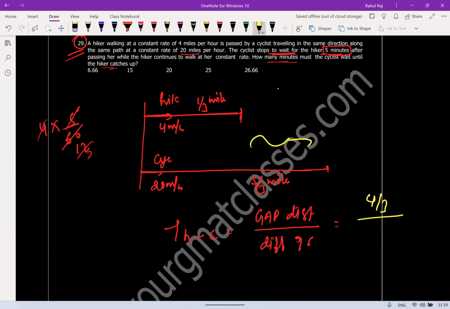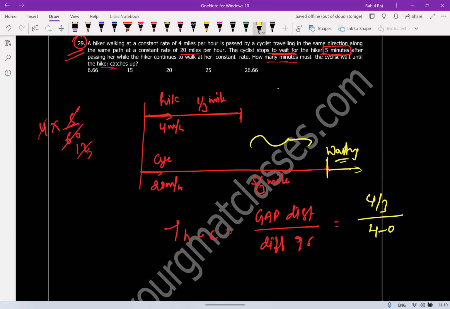Please understand, the cyclist is waiting over here, not moving. So technically the cyclist's speed is 0. So the difference of speed will be 4 minus 0. Because if the cyclist is moving, then the hiker will never be able to catch the cyclist. Logically, this is what it is.